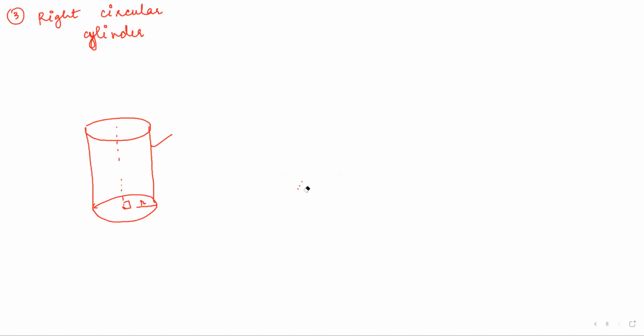So again, let us write the formula for it. One is curved surface area. Whenever you have a curve, you call it curved surface area, otherwise lateral surface area. Then total surface area, and then volume.